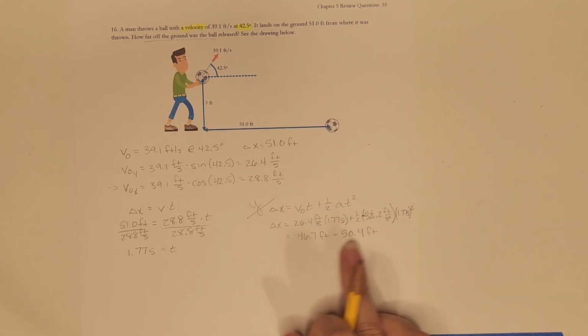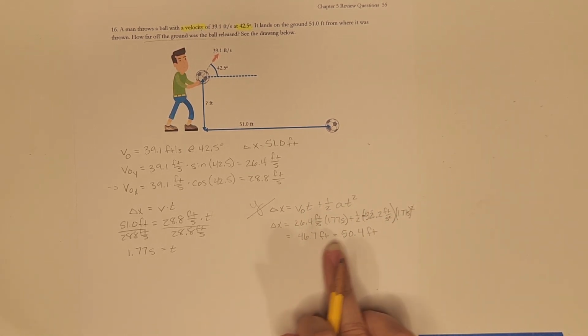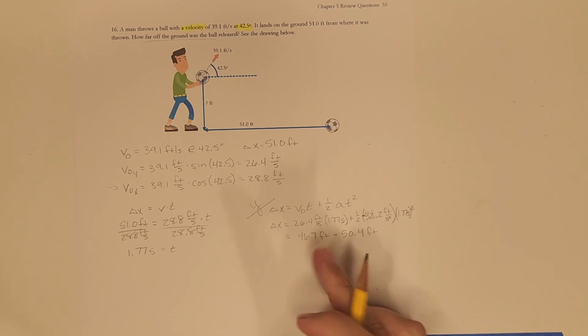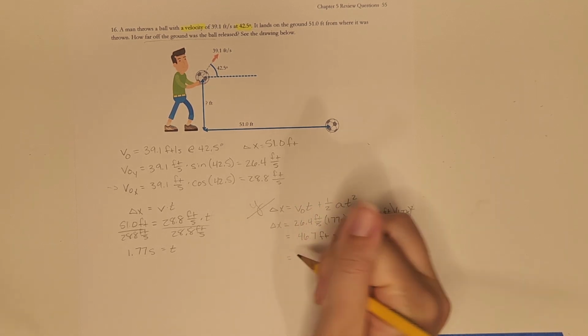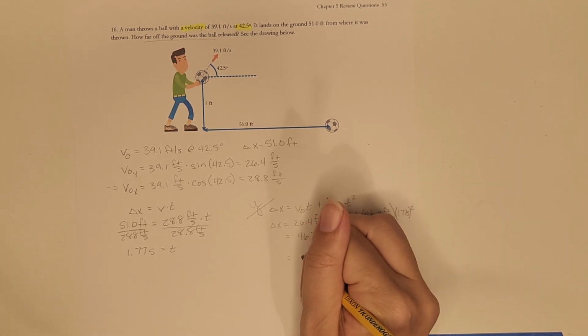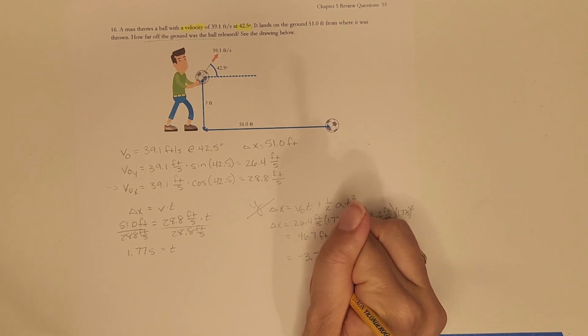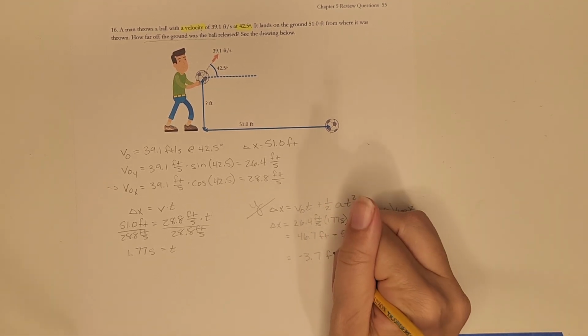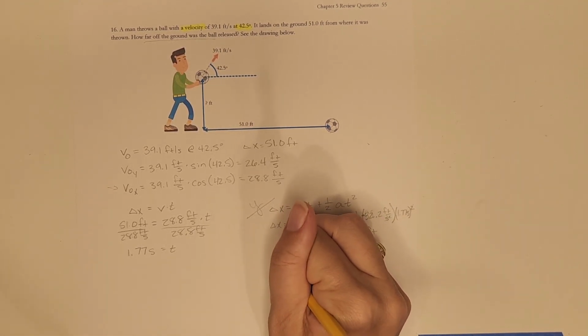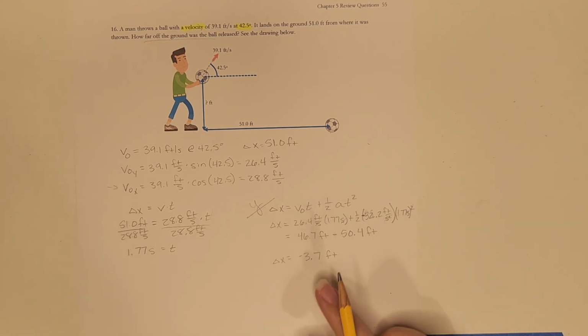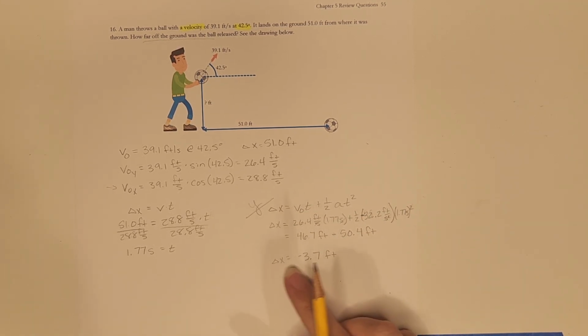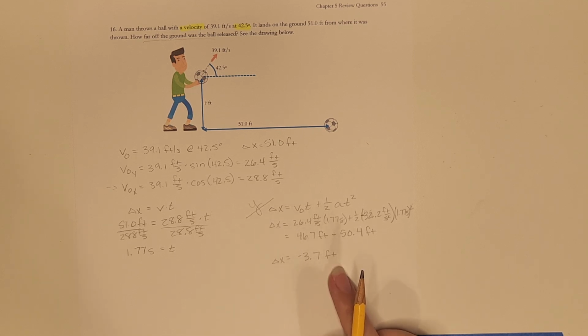So nicely, these have the same least significant digits. So the answer is 3.7 feet negative. So that is my displacement. Now, this means that the landing spot, the displacement from when the ball was thrown, is 3.7 feet below where it was thrown.